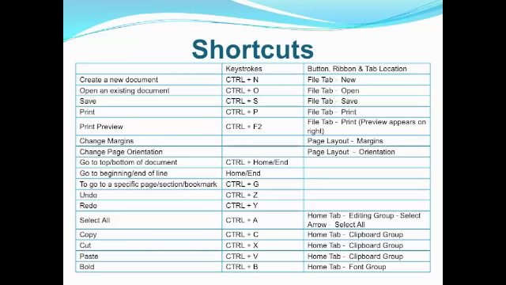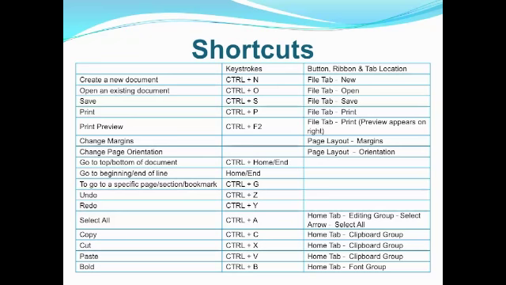Now, some people are very keyboard oriented. They like using their keyboard. They learn the shortcuts on how to do this so that they don't have to go through the tabs, the ribbons, and go through the menus and all that. So they learn the keystrokes. So I've given you 2 pages of shortcuts on creating documents, printing, changing margins, bolding text.